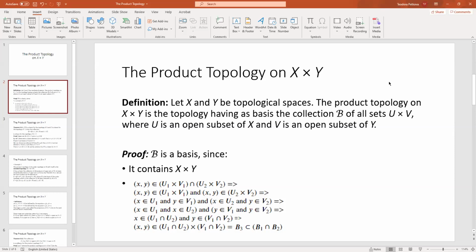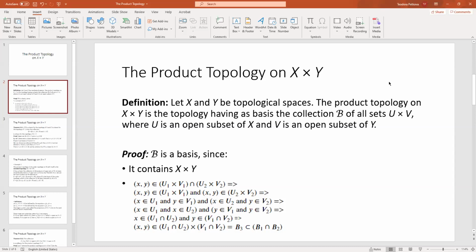So the first condition for basis is that for each element of the topological space, there is at least one basis element B which contains it. Since by definition the basis contains the entire topological space X cross Y, it contains every element of it as well.